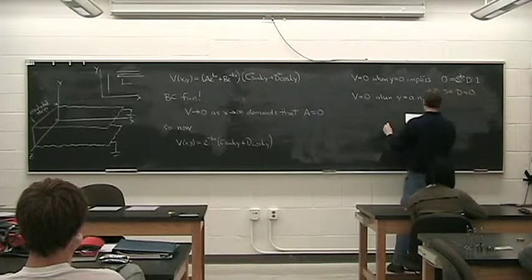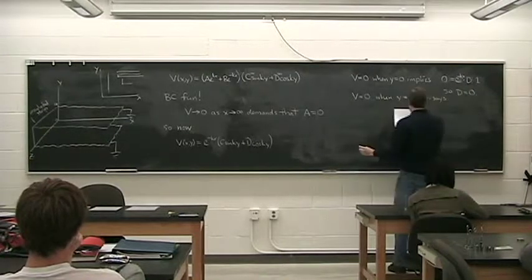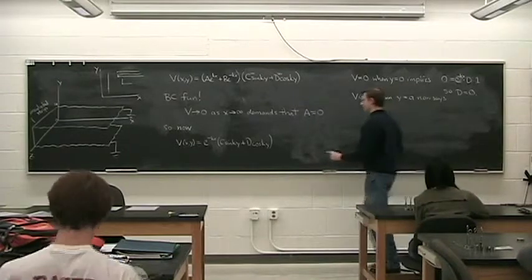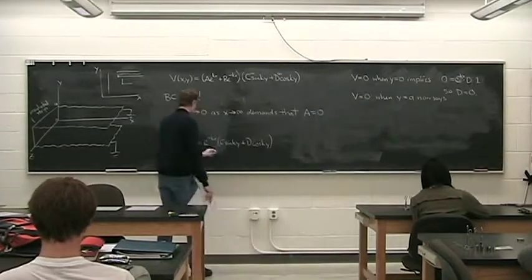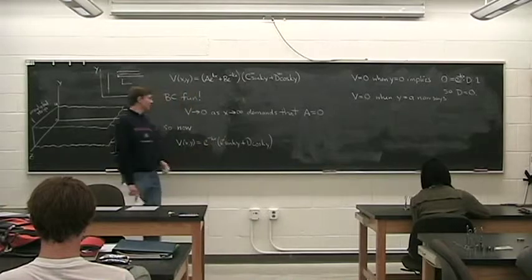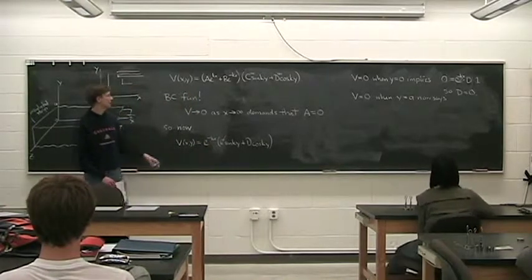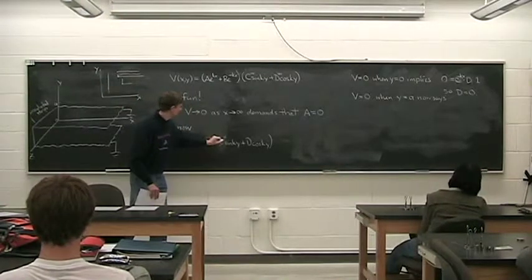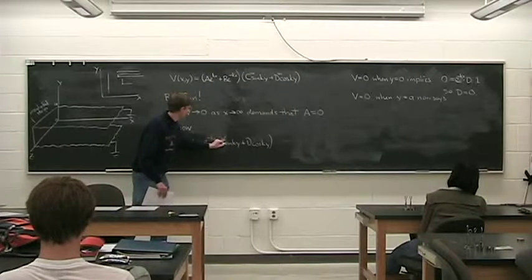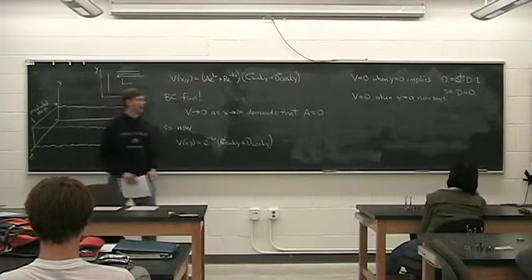After we got rid of d, we've got c e to the minus kx sine ky is what our function would be.